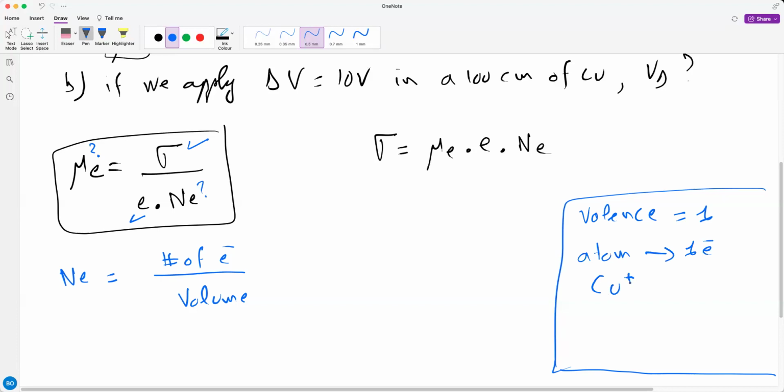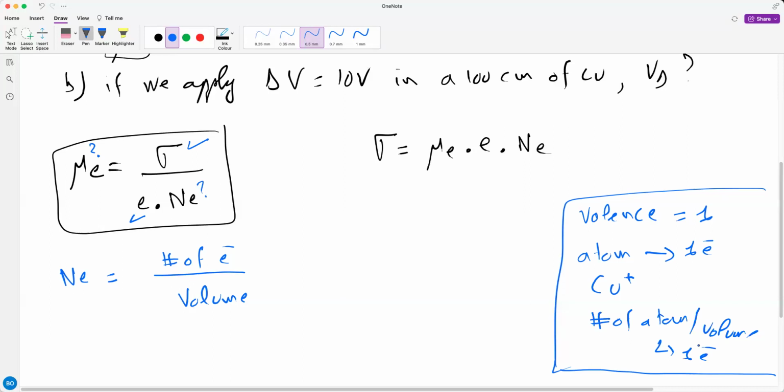If I tell you the valence is 2, this means each atom will give 2 electrons. What do I have to do now? I have to calculate the number of atoms per volume, and I know that each atom will give me an electron. So the number of electrons will be the same as the number of atoms per volume.